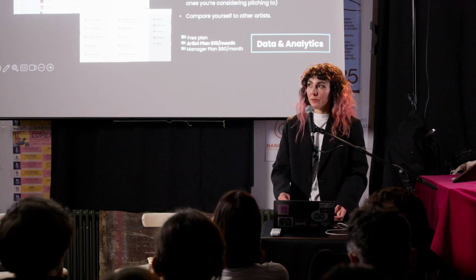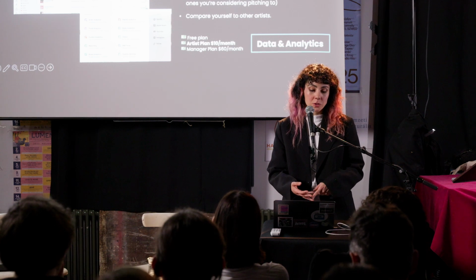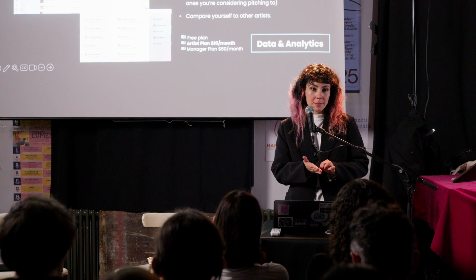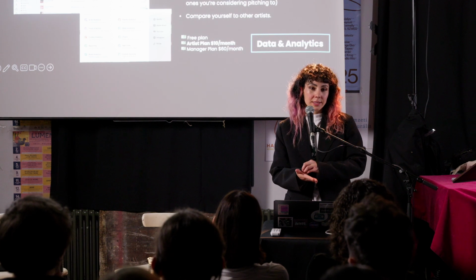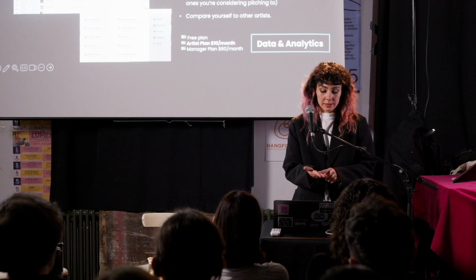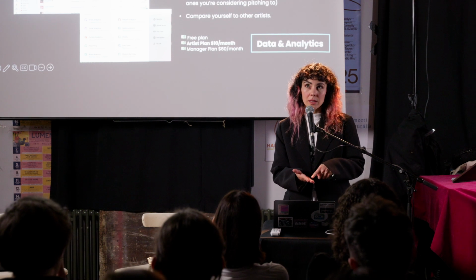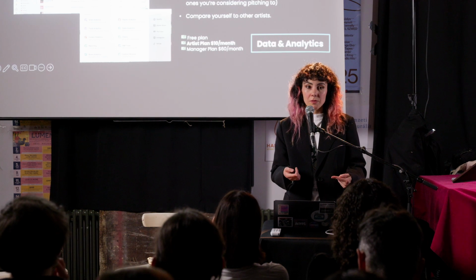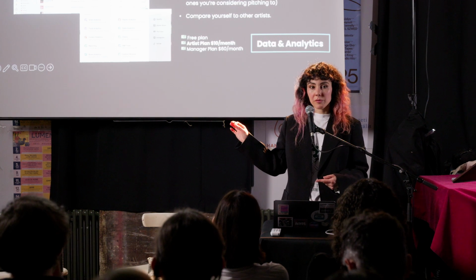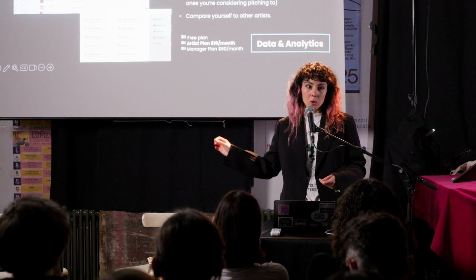And also, if you're using, for example, Instagram or TikTok, you can go to the analytics tabs and see who's following you and how they are interacting. Maybe you see that the people that follow you are between 18 and 25 years old. But then when you go to Spotify for Artists, maybe your listeners are older.